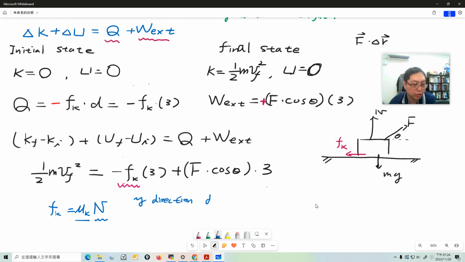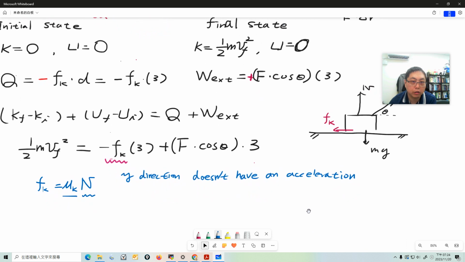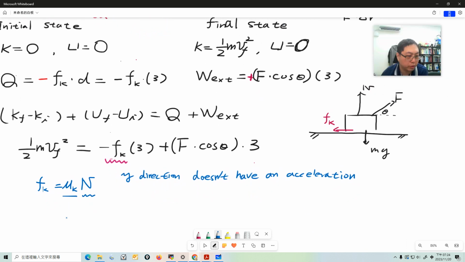So we can use Newton's second law: summation Fy equals m a y. Only care about the y direction right now. There's no acceleration in the y direction, which means sigma Fy is equal to 0.